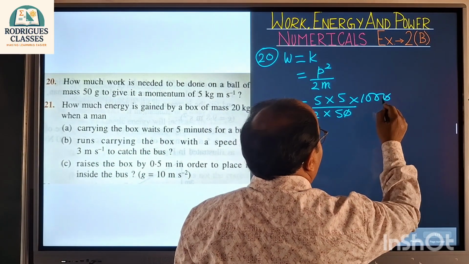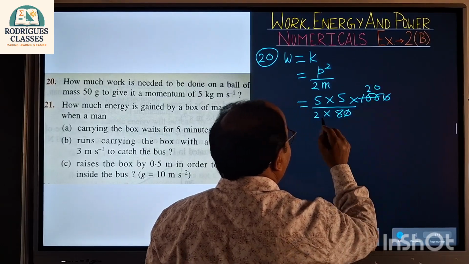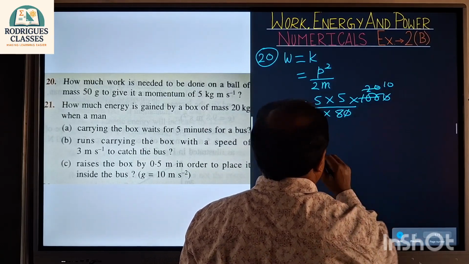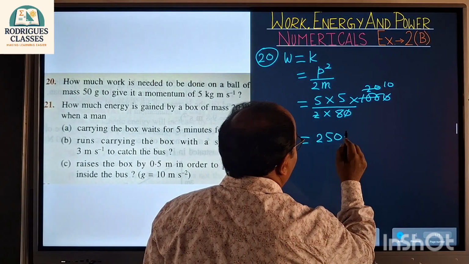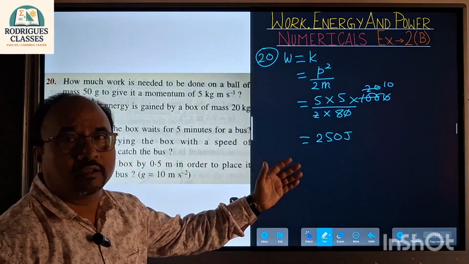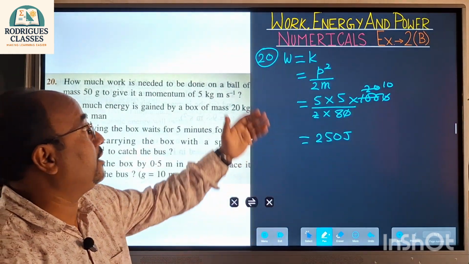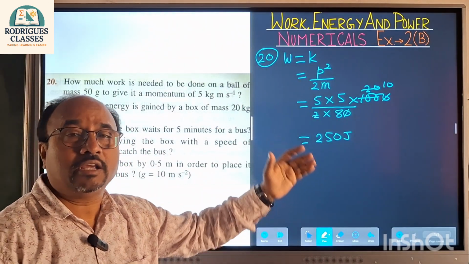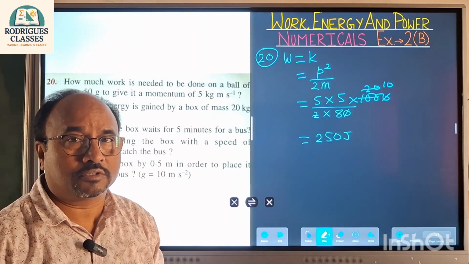So this is cancelled. If I cancel here 20 and then I get a 10, so I can write it as 250 joule. So the work done we are getting here as 250 joule. Okay, so we have applied work done equal to kinetic energy, and the kinetic energy formula based on momentum is used.